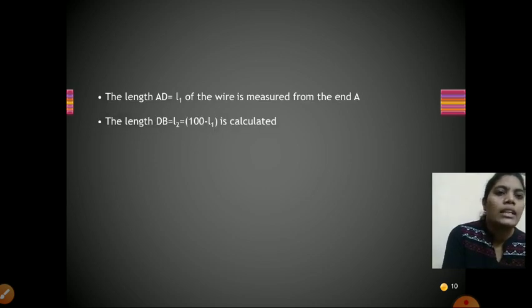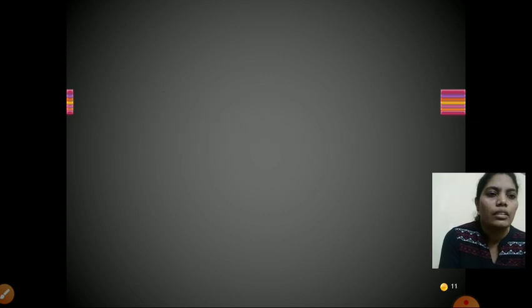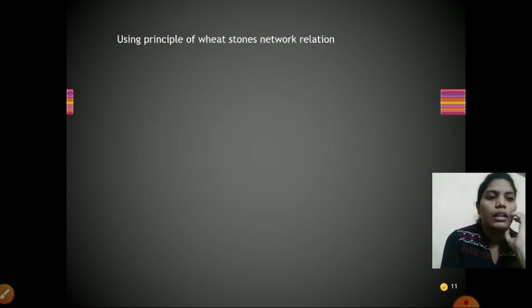The length AD we consider as L1, and the other length DB, that is L2, which is simply 100 minus L1. Now the resistance R in the resistance box is noted. The resistance box is nothing but a number of resistors which are connected in series.